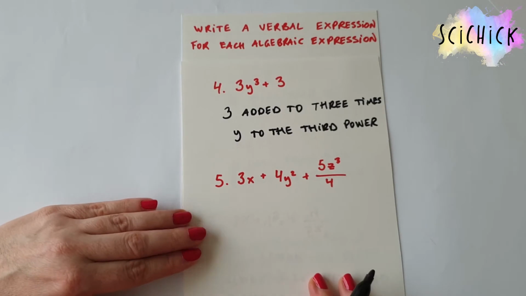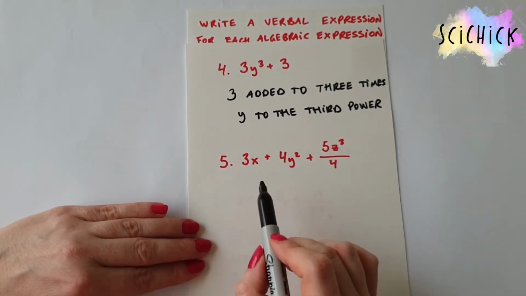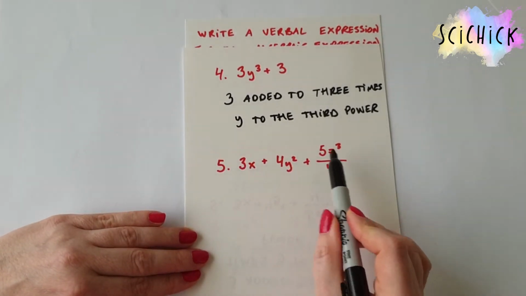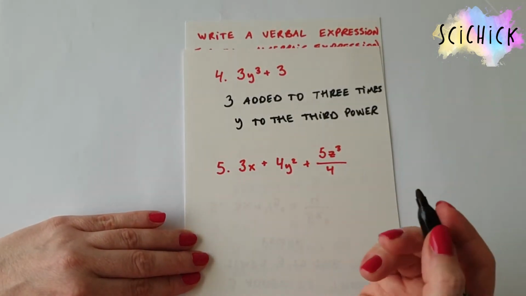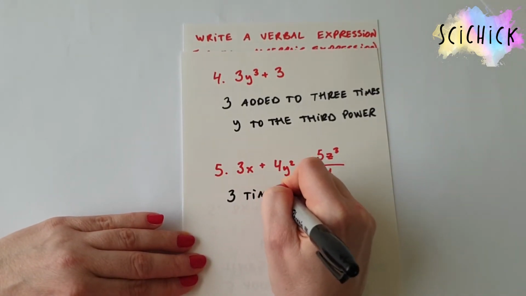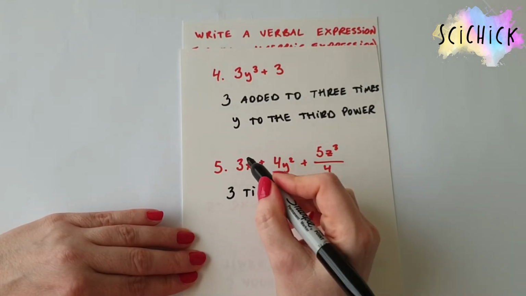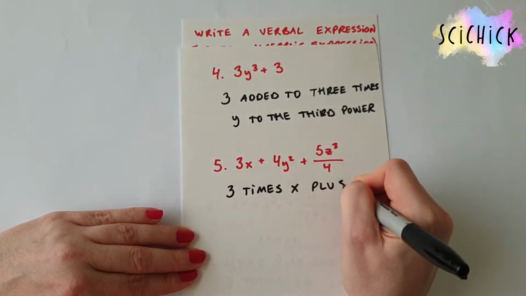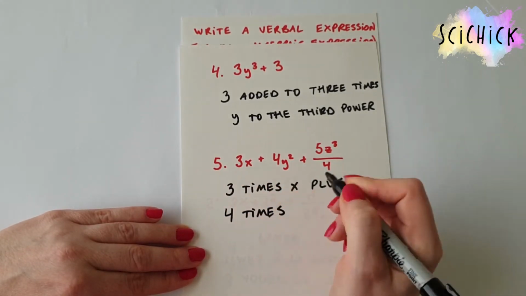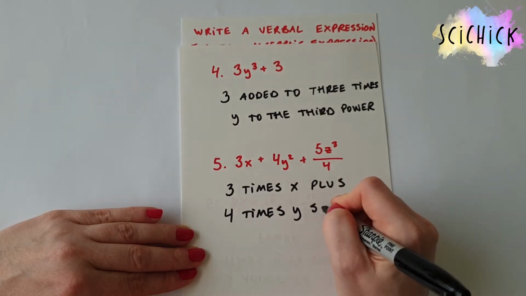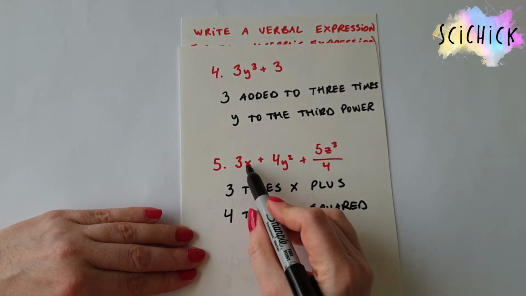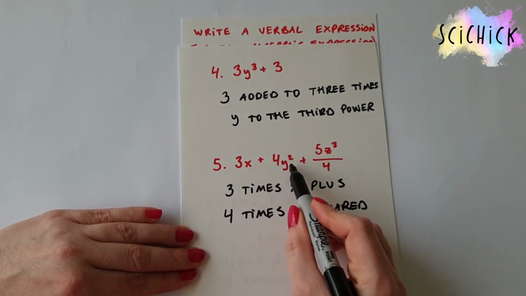Yep, sounds good. Now, here we have a little bit of a difficult one. I'm going to use plus for this, guys, because it makes it simpler to understand. So I have 3 times x here, plus 4 times y squared, yes, 3 times x plus 4 times y squared.